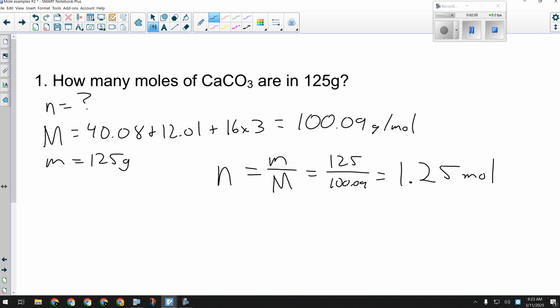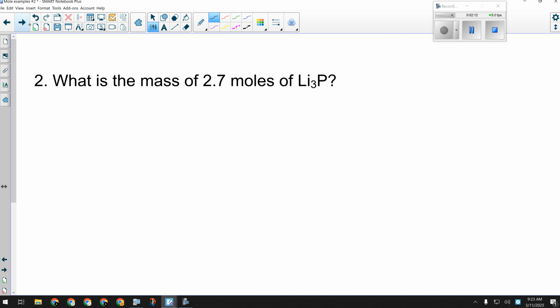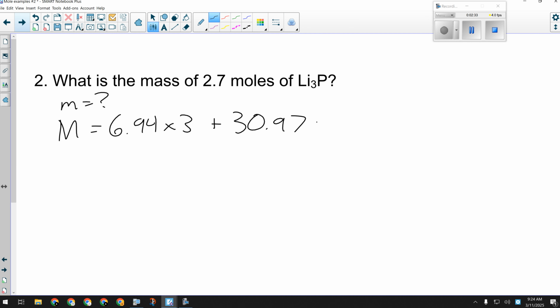How many people have done the second one? Okay, let's look at the second one too then. On this one, type 2 question, we're being asked to find the mass, so we're looking for little m. They tell us that it's lithium phosphide. So we'll have our 6.94, that's our lithium, times 3, plus 30.97, that's our phosphorus.